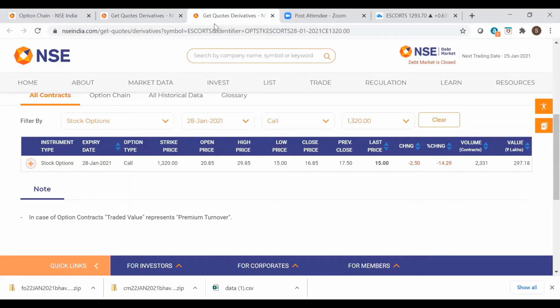I will also look into the average traded price here, for the maximum contracts.